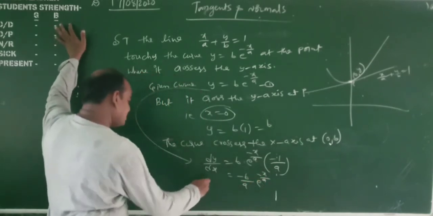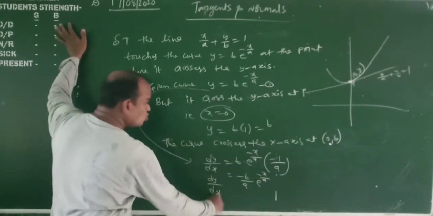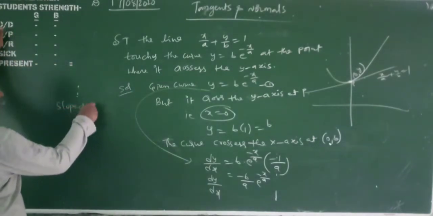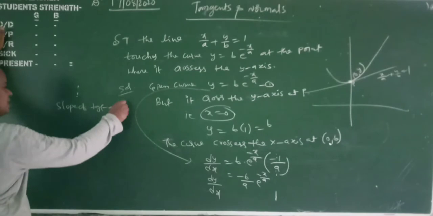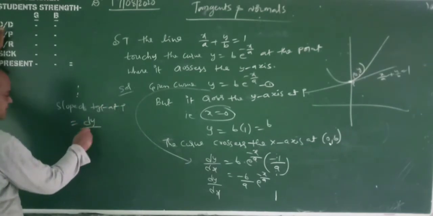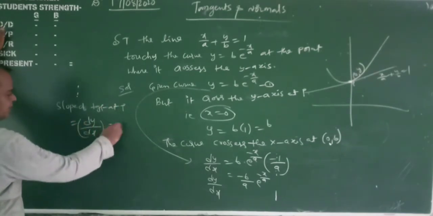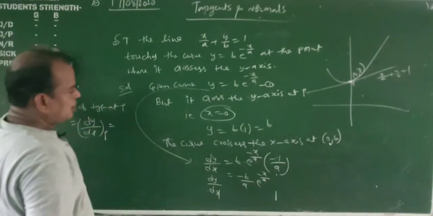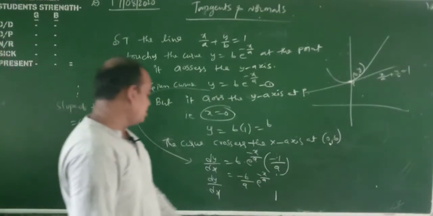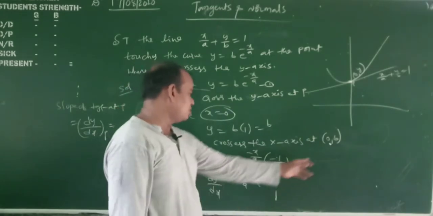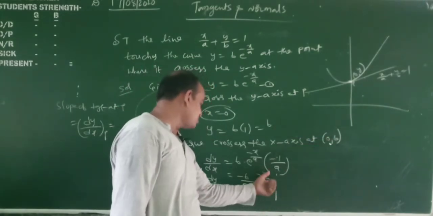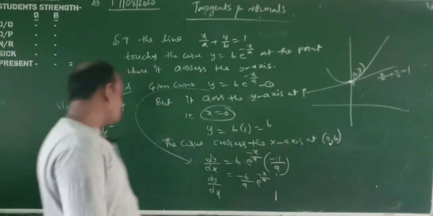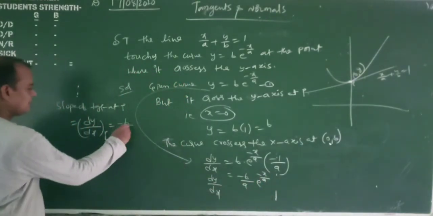This is dy/dx. Now the slope of the tangent at P equals dy/dx at P, where P is (0, b). Substituting x = 0, e^0 is 1, so the slope is -b/a.